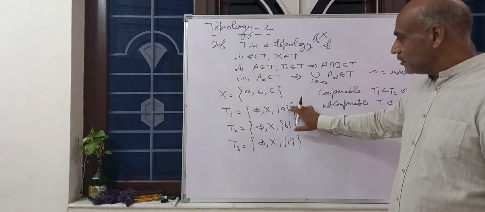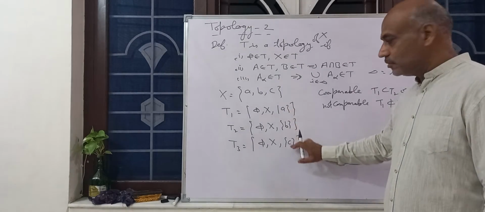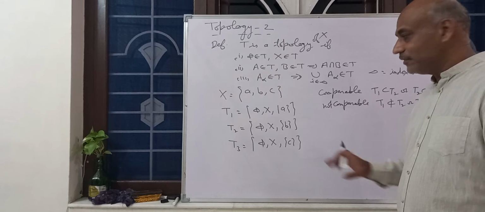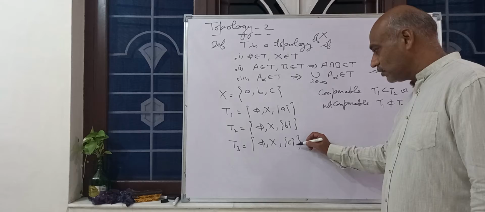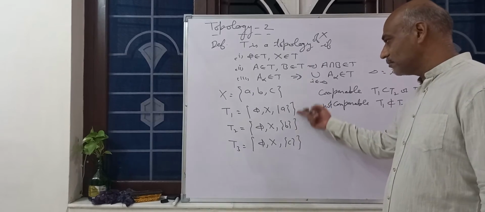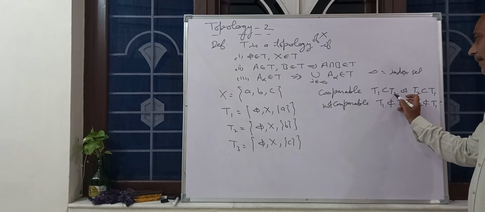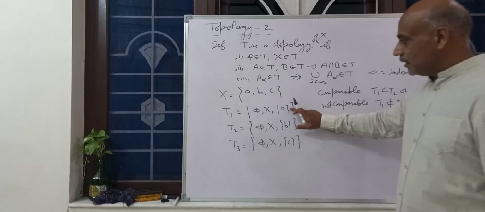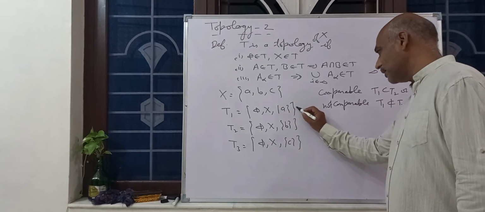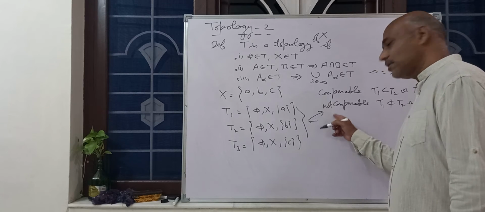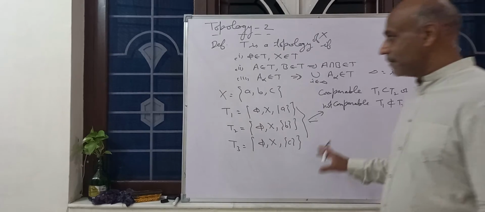These are not comparable because here we have A, B and C. T1 is not a subset of T2, and T2 is not a subset of T1. T1 is not a subset of T2, T2 is not a subset of T3, T3 is not a subset of T1. Subset means all elements of T1 are in T2. But here the set A is not in T2. So all of these are topologies but not comparable topologies.